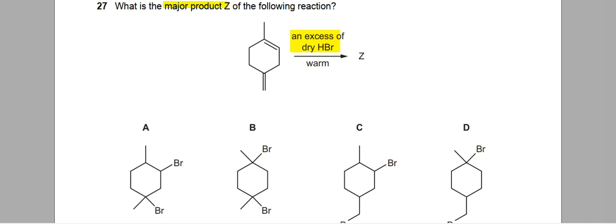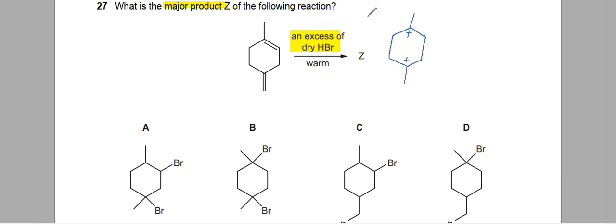The most stable carbocation is the tertiary one. In this case the tertiary carbocation will look like this, so it will prefer to form this carbocation.